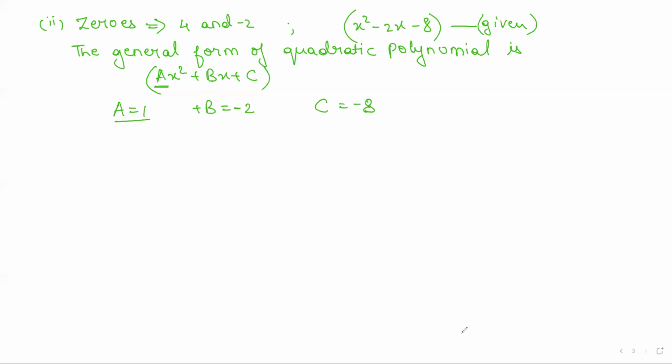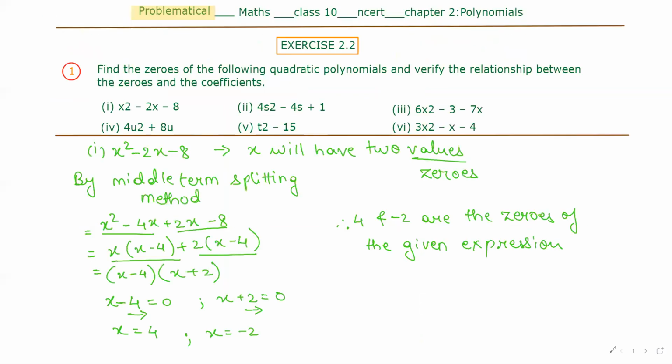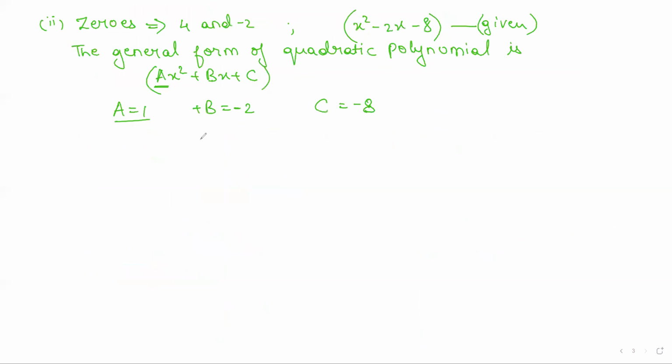Now, you should know the relationship between zeros and coefficients. For a quadratic polynomial, sum of zeros is equal to minus b upon a.